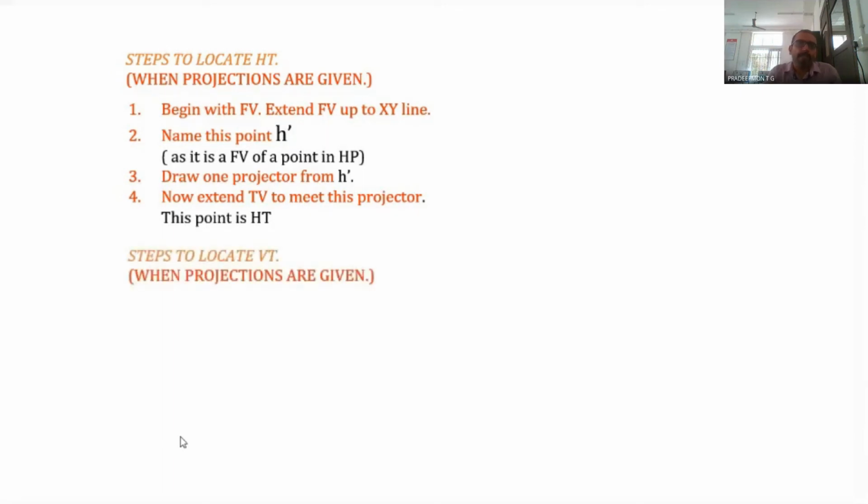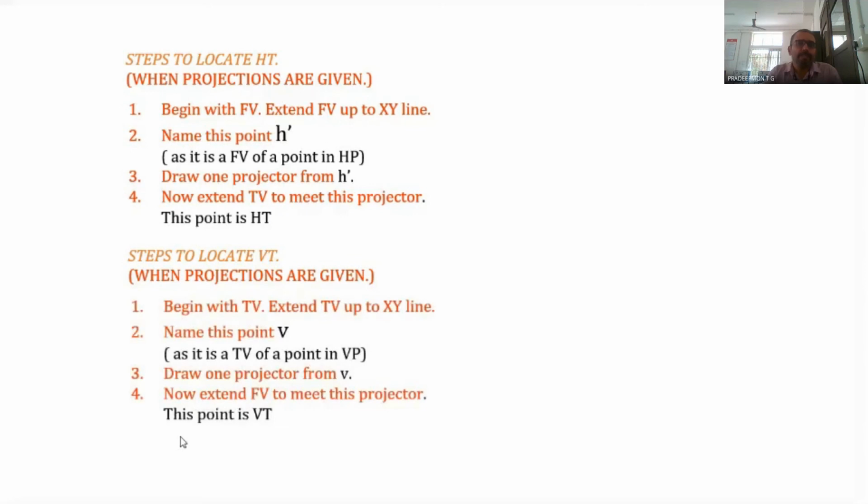And now the steps to locate VT. Similar 4 steps are there. In this case, we begin with the top view, and we extend the top view to meet the XY line.